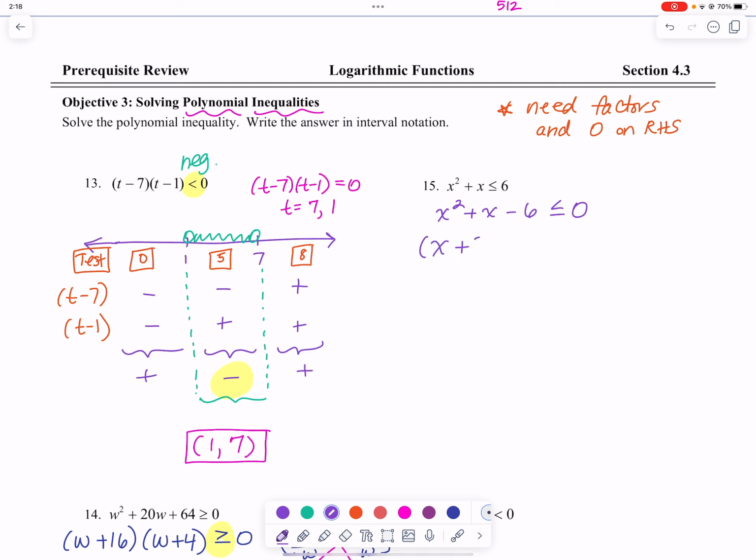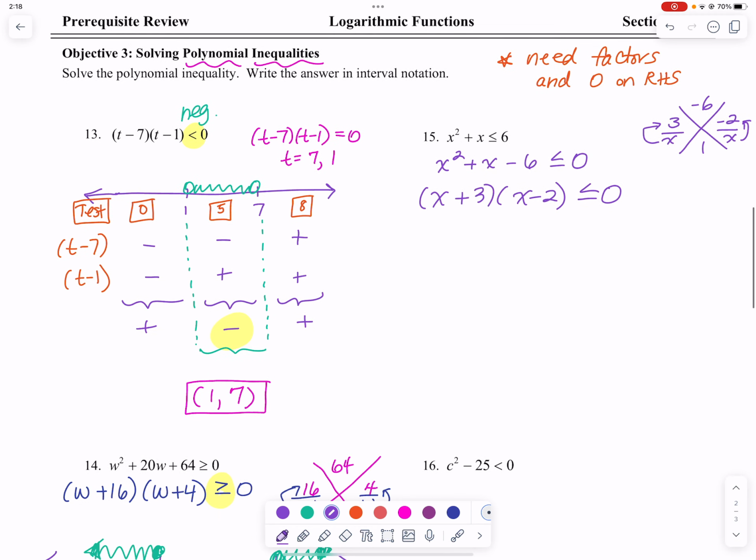We have an x + 3 and an x - 2. And how we get that is two numbers multiplied together to equal -6. But when you add them together, we have a positive 1. So we would want 3 and a -2. And we have x + 3 multiplied by x - 2.